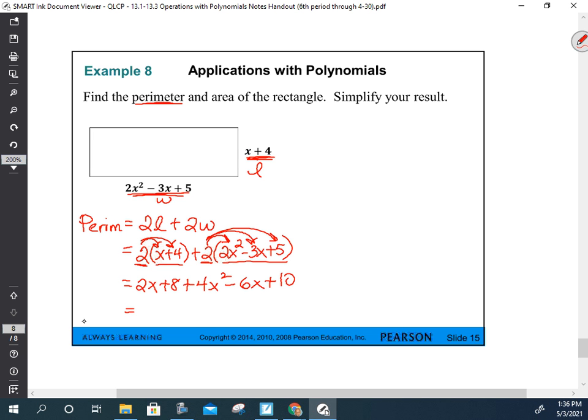So 2x goes with negative 6x, negative 4x. 8 goes with 10, that's 18. 4x squared is by itself. So 4x squared minus 4x plus 18.